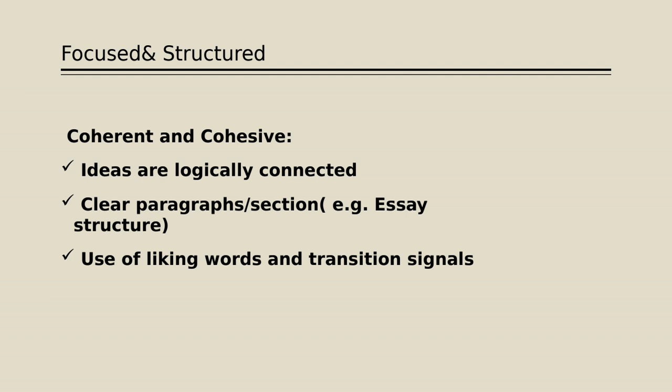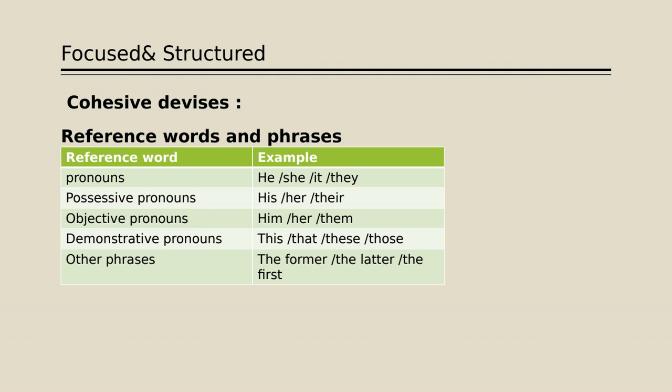For example, referencing words. A very simple reference word can make a big change in your writing, and it will enhance the readability of your text. So these are some examples of cohesive devices, where we can see references and their examples.